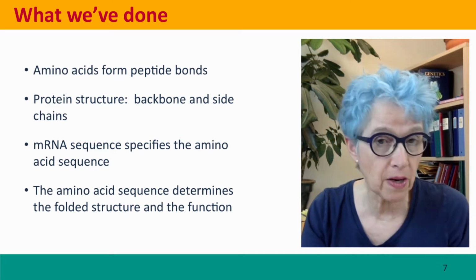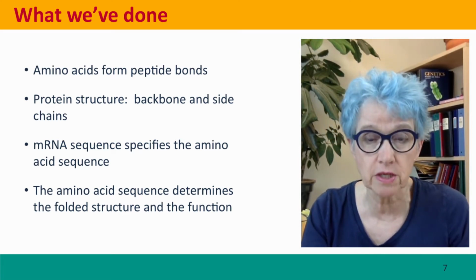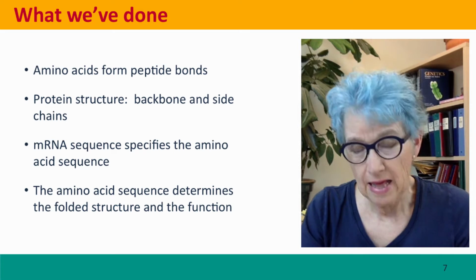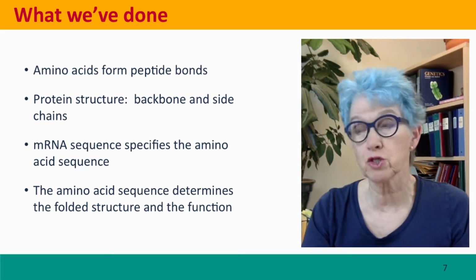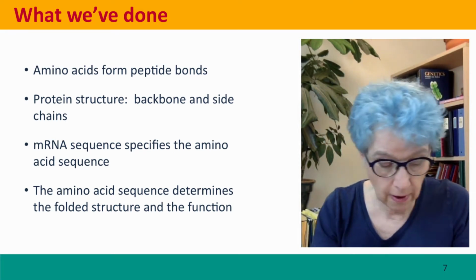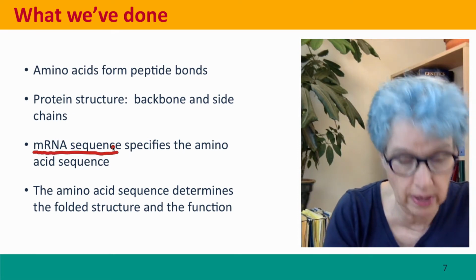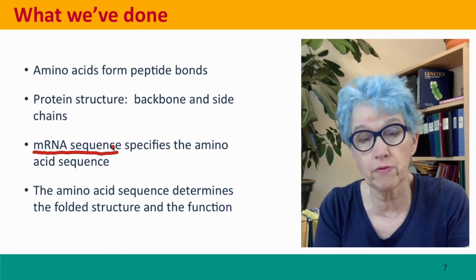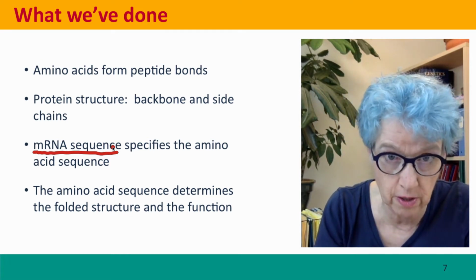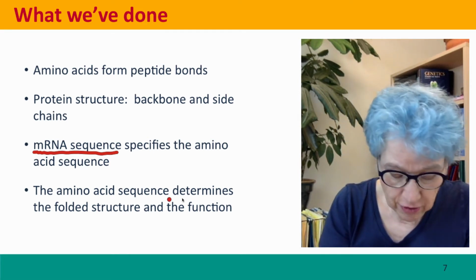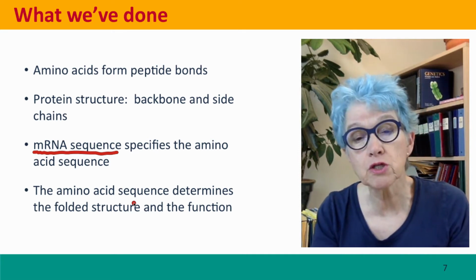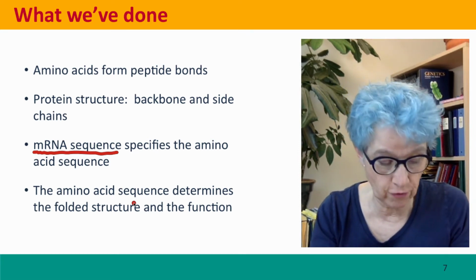And these complex structures give proteins their properties. The sequence of the amino acids, which determines the properties of the protein, is in turn specified by the sequence of the messenger RNA, which is transcribed from the sequence of the gene. And this amino acid sequence determines the structure and the function of the protein.